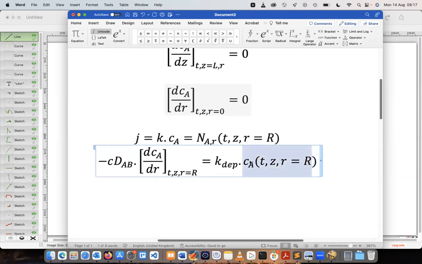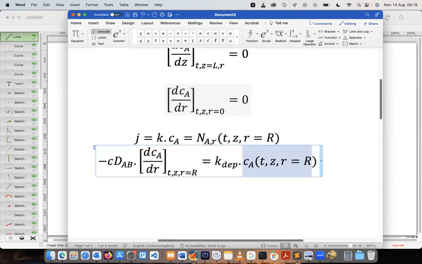And that concentration times the deposition constant is the deposition flux on the wall. And then this is the molar flux that's moving towards the wall. These are two different phenomena, two different events. This is the act of deposition onto the wall, and this is the act of flux towards the wall. And we are saying these two are equal.